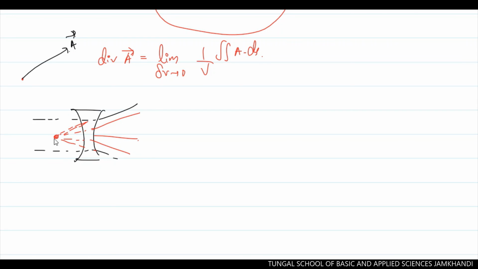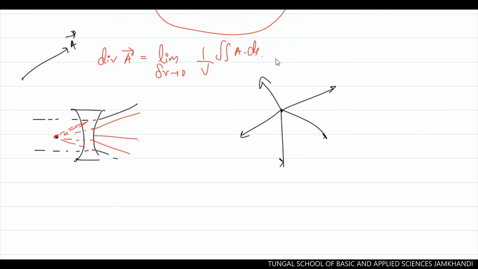Similarly, in physics, if any quantity is coming out of a single point, it is defined as a diverging quantity, or the divergence of that physical quantity.